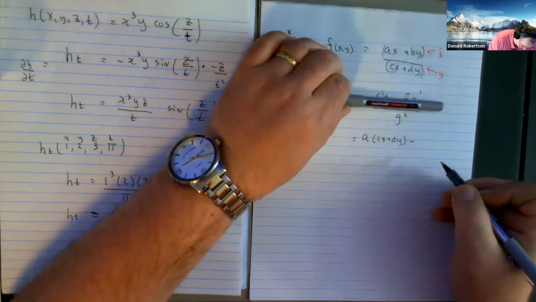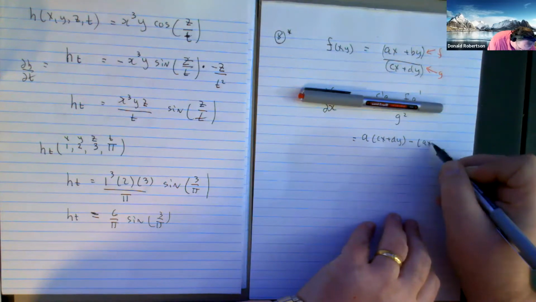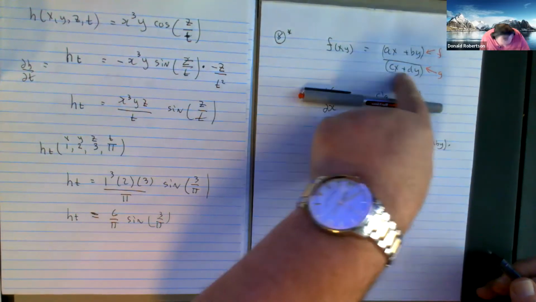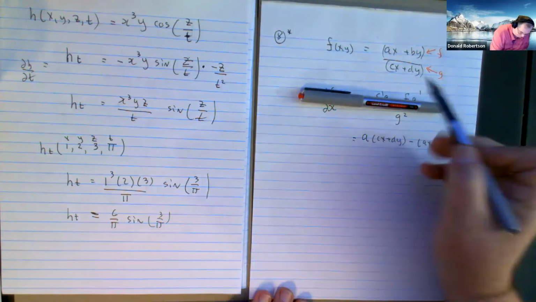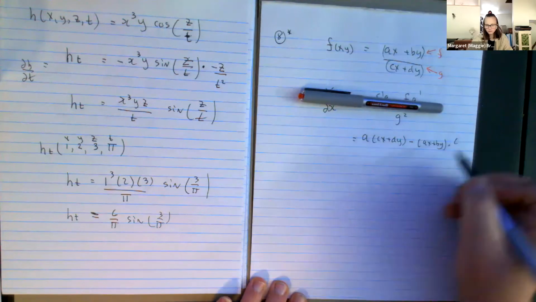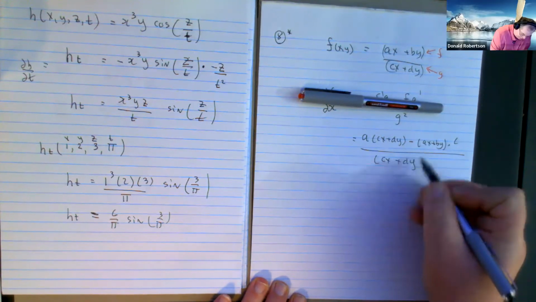Take away. Leave the top one alone. What do you get when you differentiate the bottom with respect to x? Yeah. All over cx plus dy squared.